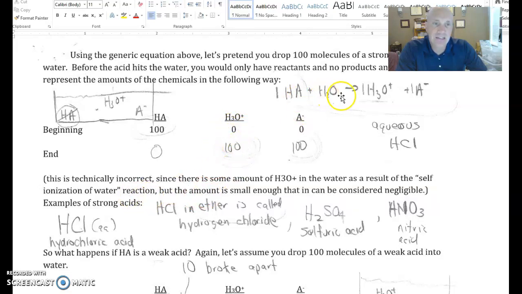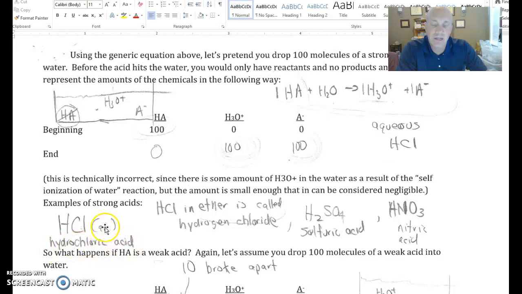Because when you're adding an acid to water, the amount of H3O plus that's going to get created from that is going to be so large compared to the amount of H3O plus that is normally present in just pure water, that it's so small that you can consider it negligible, which means you can pretty much pretend that it's not there. So some examples of the types of acids that would do this and therefore be considered strong acids: HCl aqueous. Notice I put aqueous after this. That's what we call hydrochloric acid.